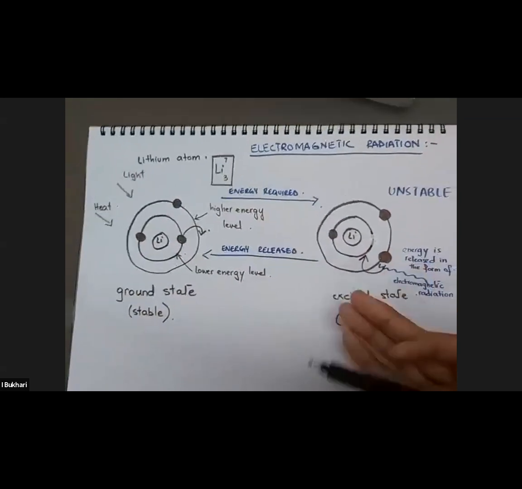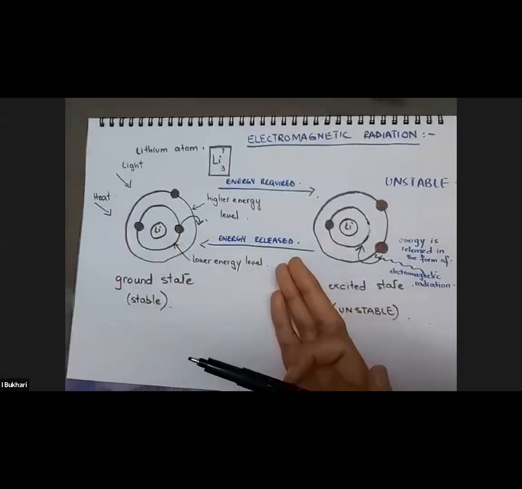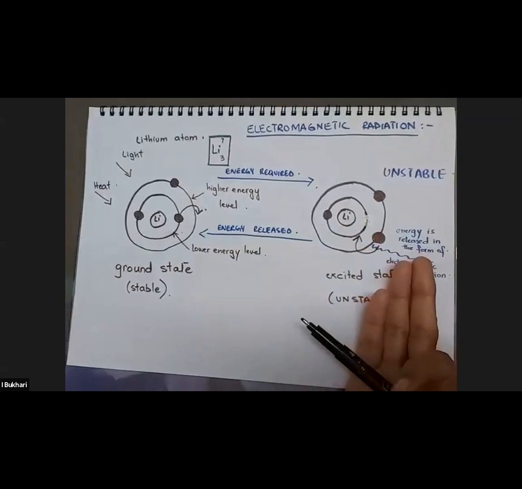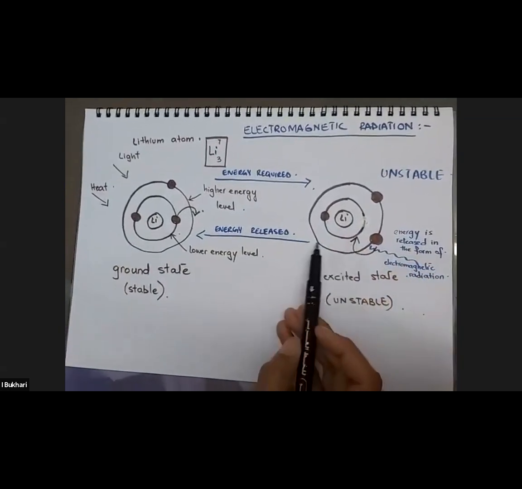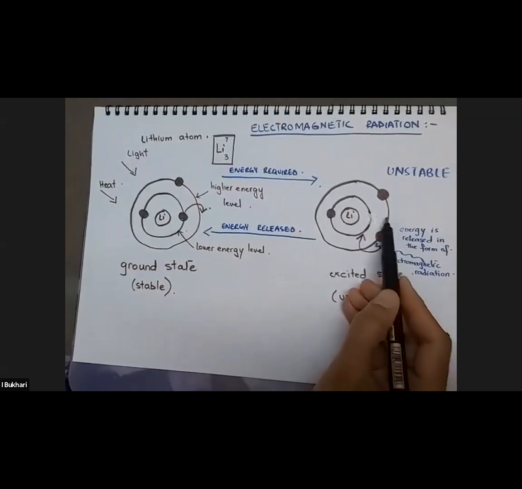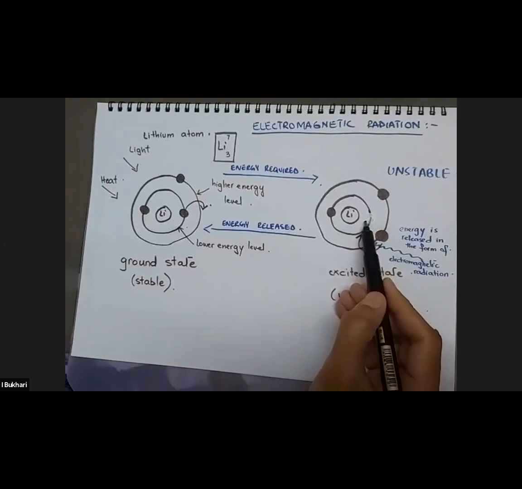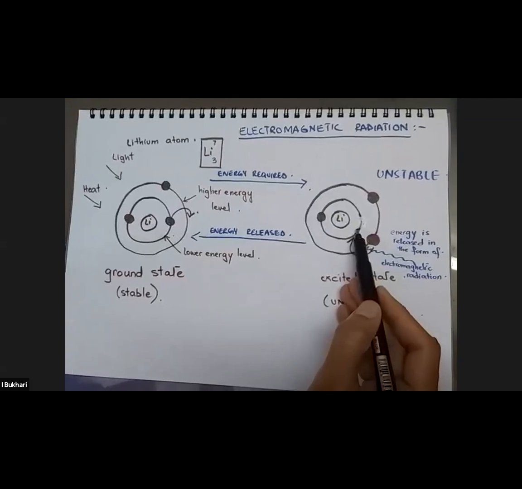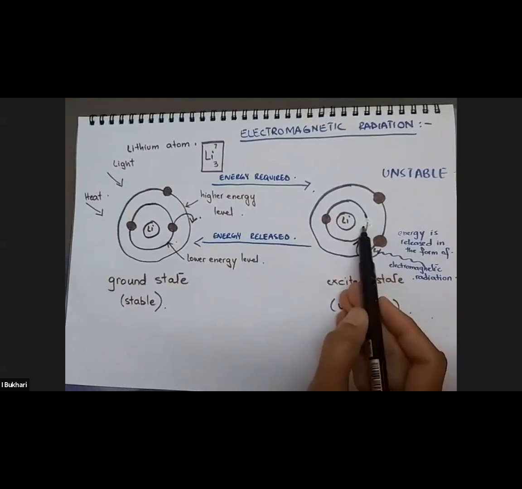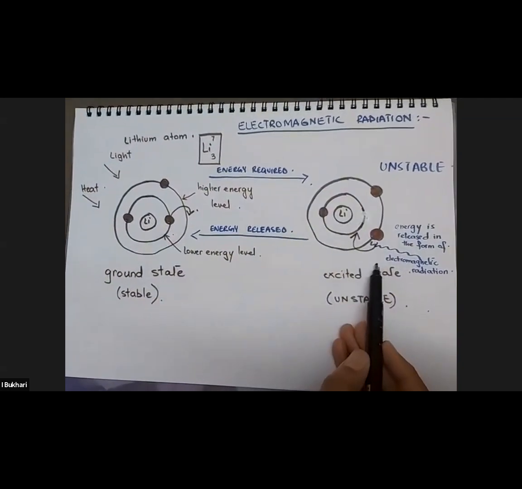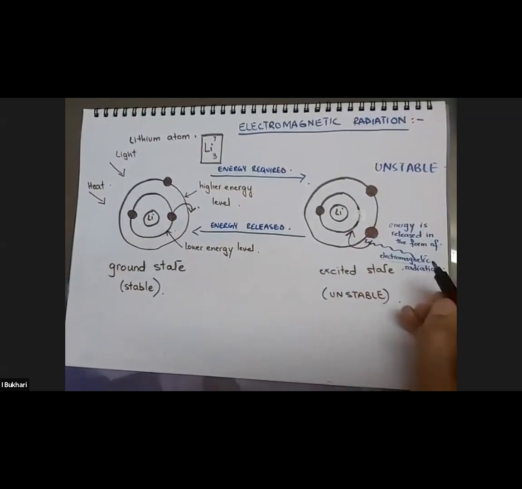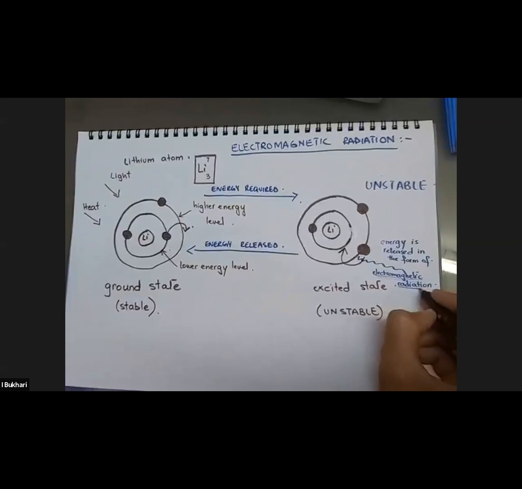So as soon as it gets out of that excitement, or when it loses energy for any reason, this electron jumps back into its original position, into the lower energy level, and in doing so it releases energy. And that energy is what we call electromagnetic radiation.